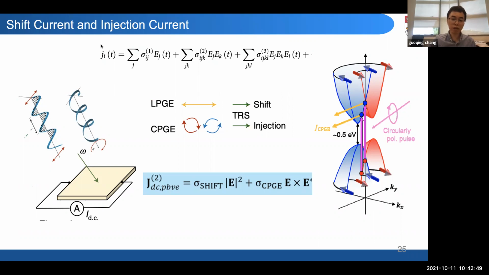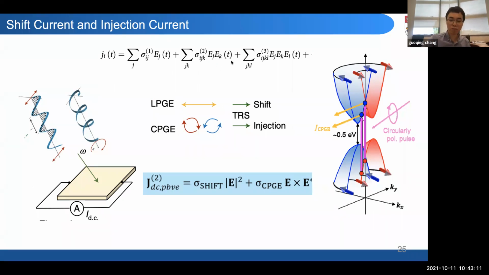In general, this is a very general formula if you detect the photocurrent on a crystal. The first term is a linear term, which means if you apply a direct electric field, you can have the current. The second term is a second order response, a nonlinear response.